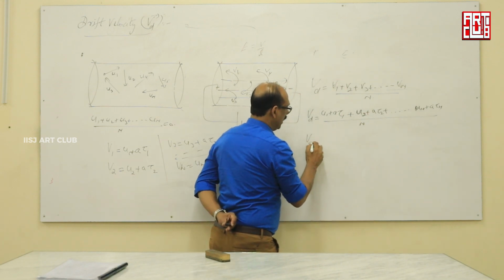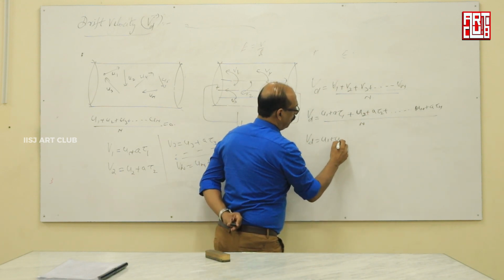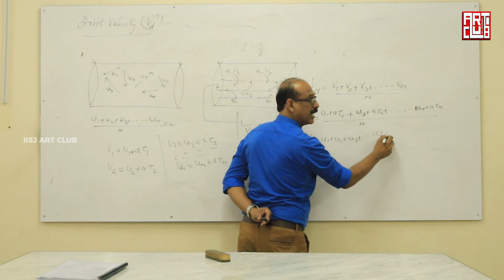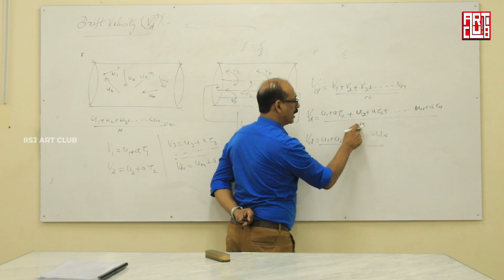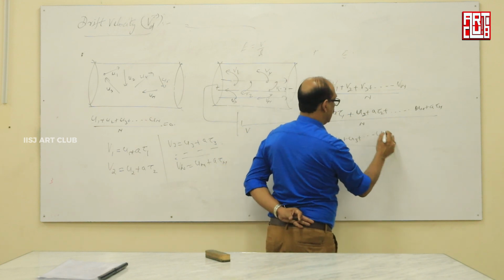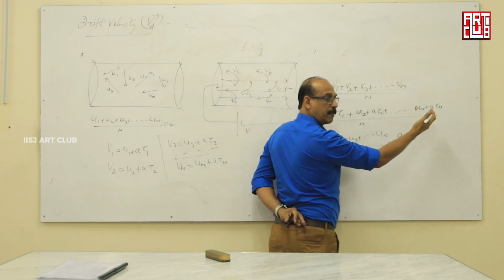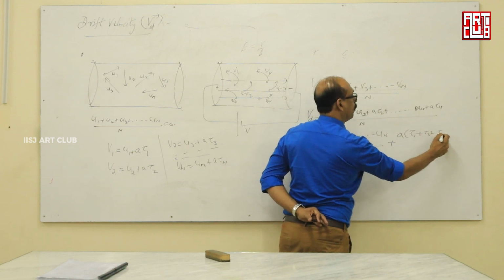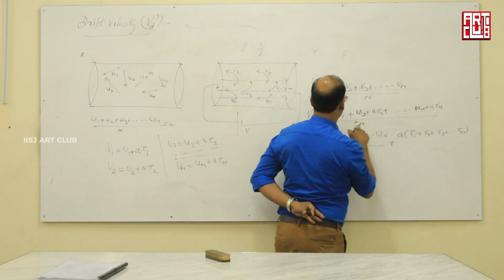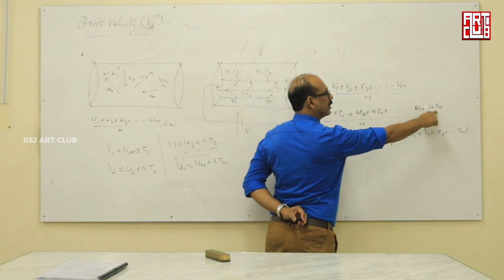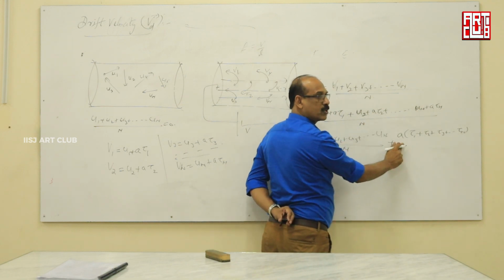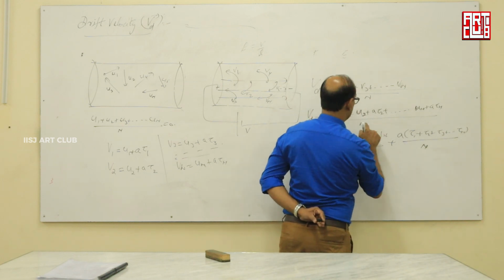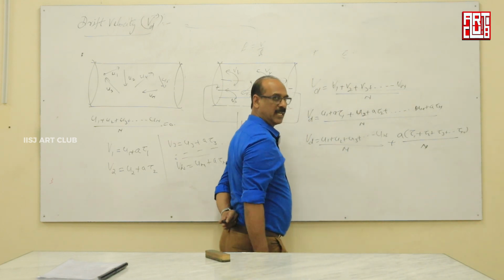So Vd is equal to U1 plus U2 plus U3 and so on, all the U's written separately, divided by n, plus A tau 1 and so on separately. A is common, so we can write A times tau 1 plus tau 2 plus tau 3 up to tau n, in a bracket, divided by n. This n is applicable to both terms, a common base.